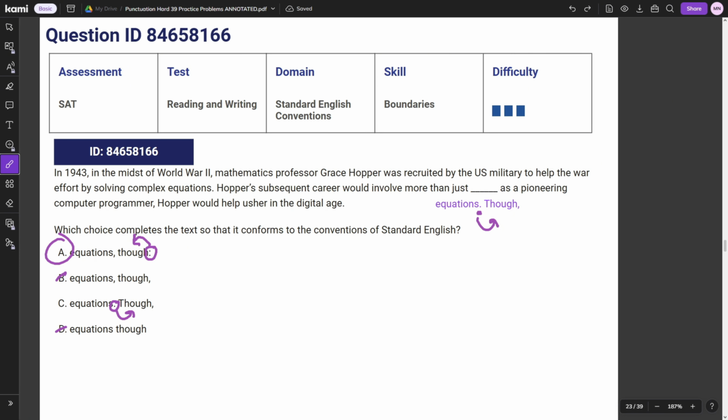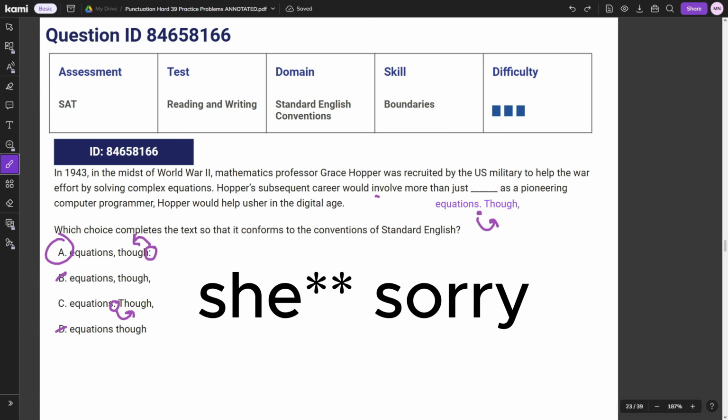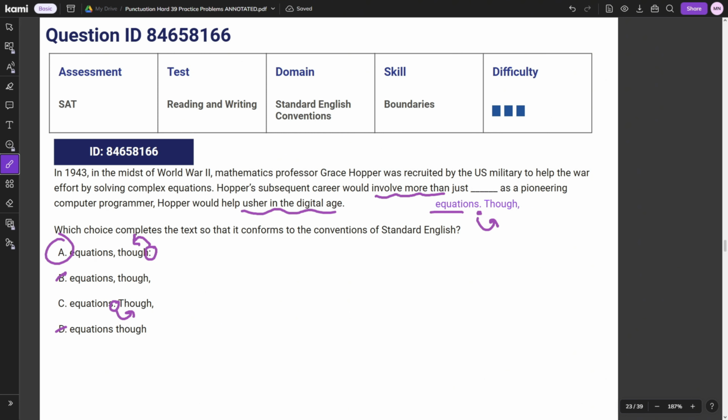So let's see, would this first idea be the opposite of this second idea right here? And of course, we know that it wouldn't be contradicting each other. We know that these would actually end up supporting each other. He's doing more than just equations. He's also doing something else. These two things are not opposite of each other, so it would not make sense to put that punctuation before the transition word. So that means our best answer would be A.